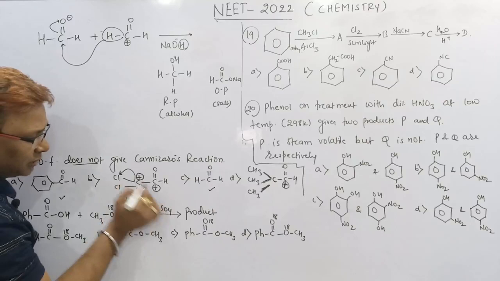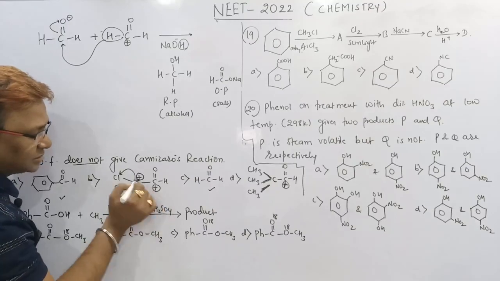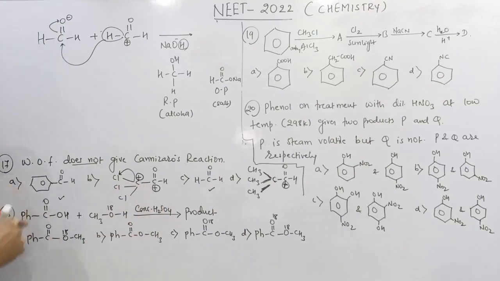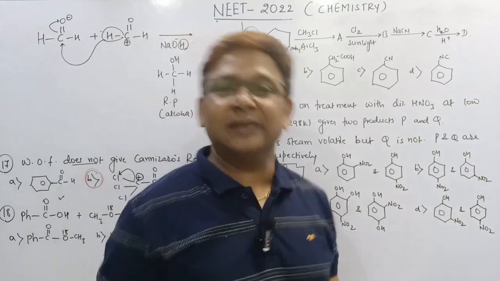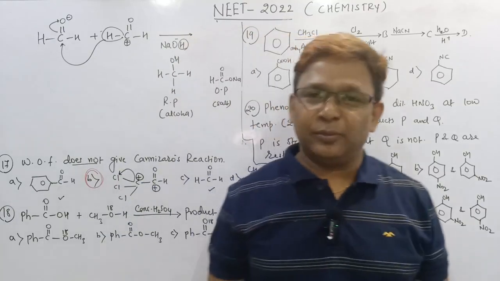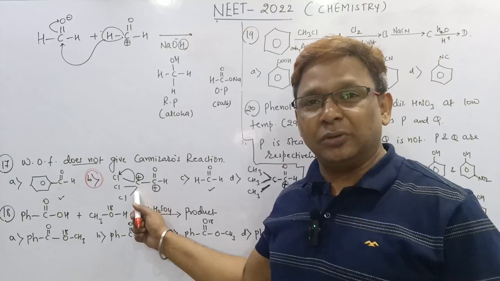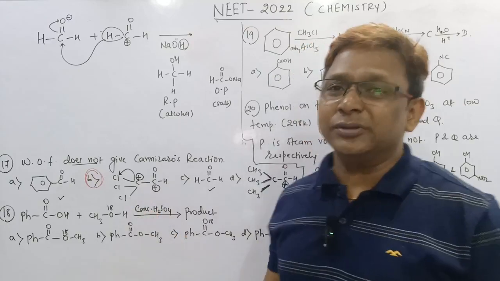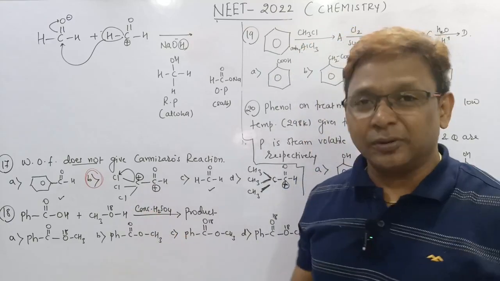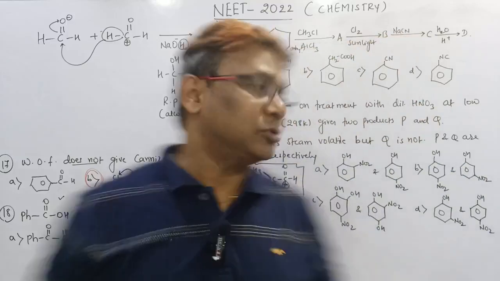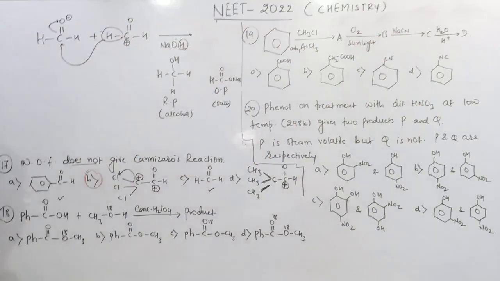See beta, positive and positive will have instability. So what you have to say, option B, it does not show Cannizzaro's reaction, because in this case the carbonyl carbon will have a positive charge, which is destabilized by the positive charge present over it. And this compound never shows Cannizzaro's reaction.